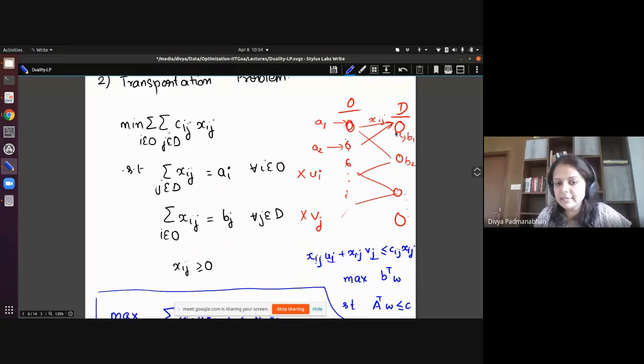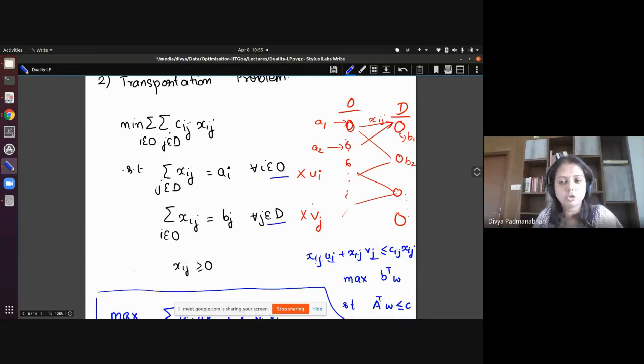You have to send Xij quantity from the origins to the destinations, and decide how to do this so that you get exactly bj quantity at each of the destinations. D is the set of the destinations and O is the set of the origins or the sources.